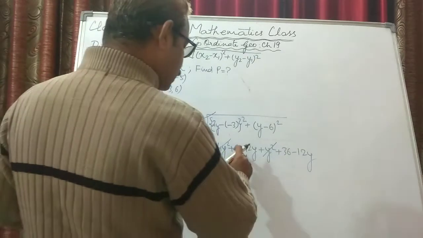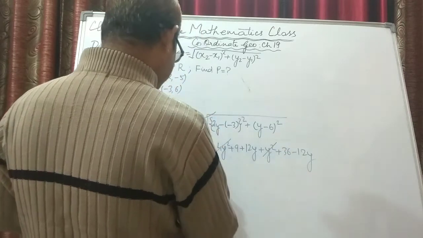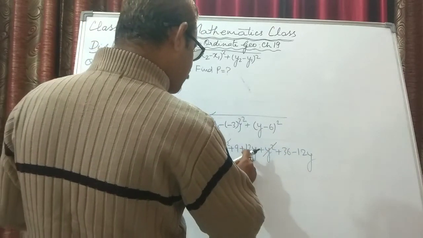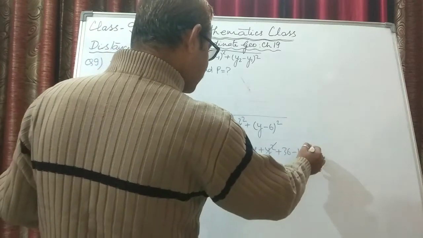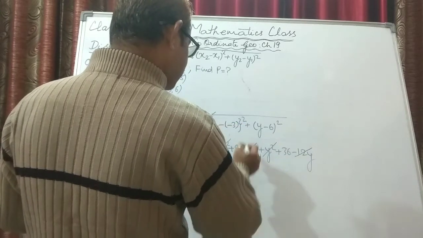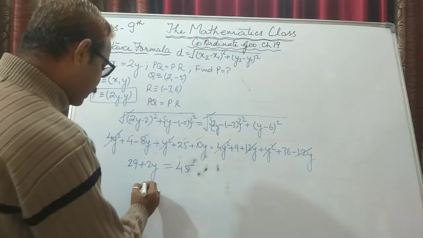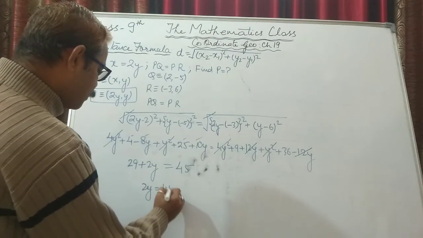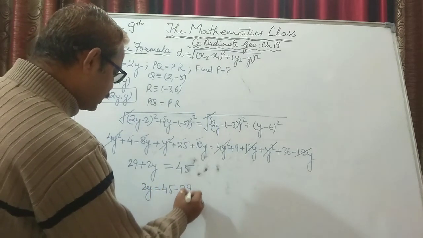Now we move on to 9 and 36 is 45. Minus 12y and this 12y cancel. Is equal to 45. So you can say that 2y is equal to 45 minus 29.